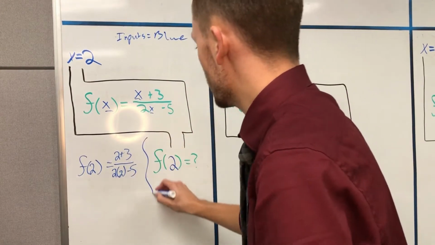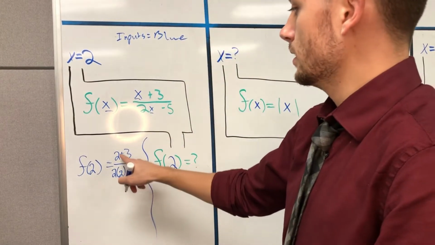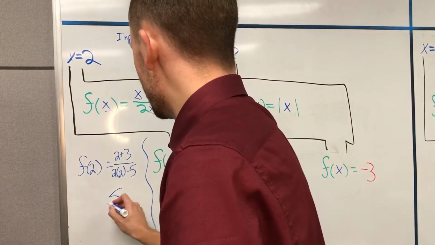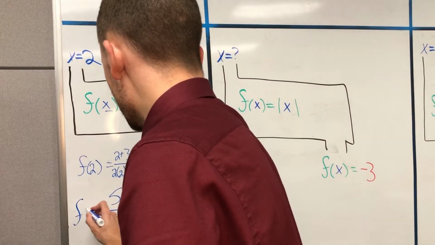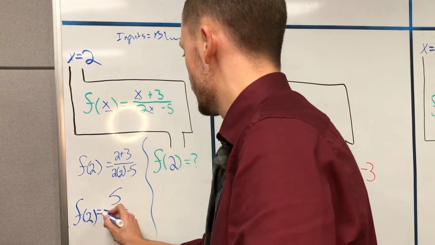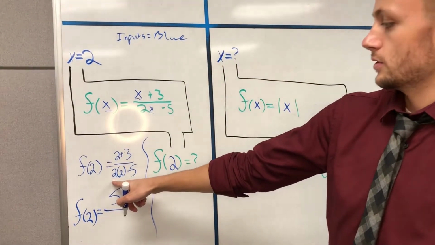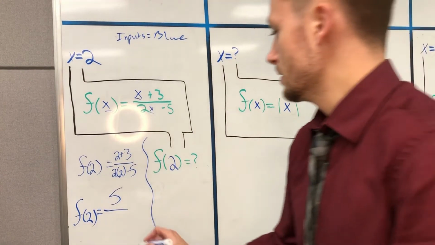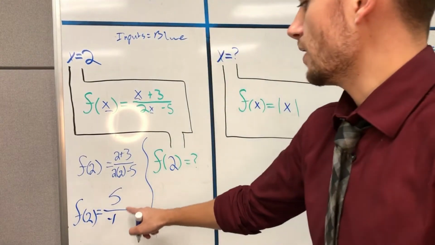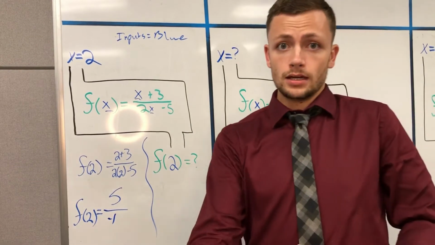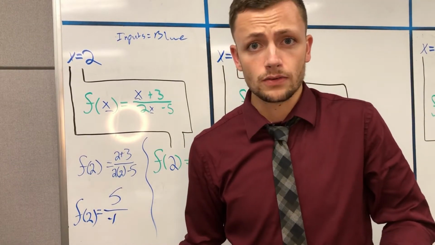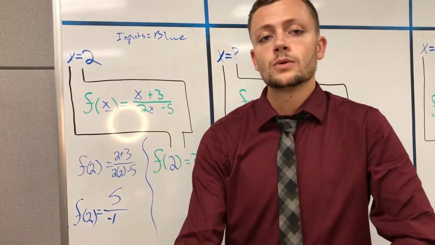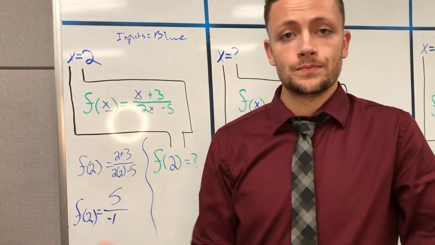So, we take a look at that, and we try to solve. 2 plus 3 is 5. Again, this is all f of 2. And then on our denominator, we have 2 times 2, which is 4. 4 minus 5 is negative 1. So we end with 5 over negative 1. Any number divided by 1 is itself. So if we divide it by negative 1, we simply get that exact same number, but negative.